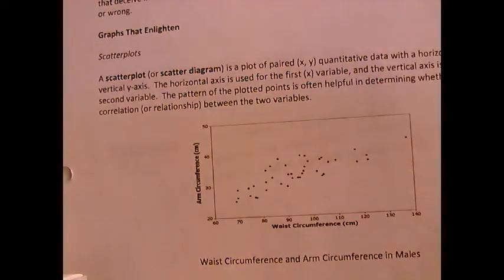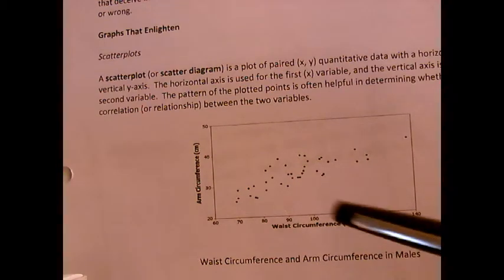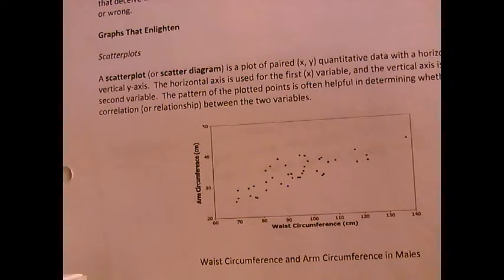The vertical axis or the y-axis represents the arm circumference in centimeters as well. So here, that paired data is plotted on that XY plane and is usually scattered in some form, and it's not always going to be a straight line. Okay. Now later on in the course we will be talking about what a scatter plot looks like. Okay.